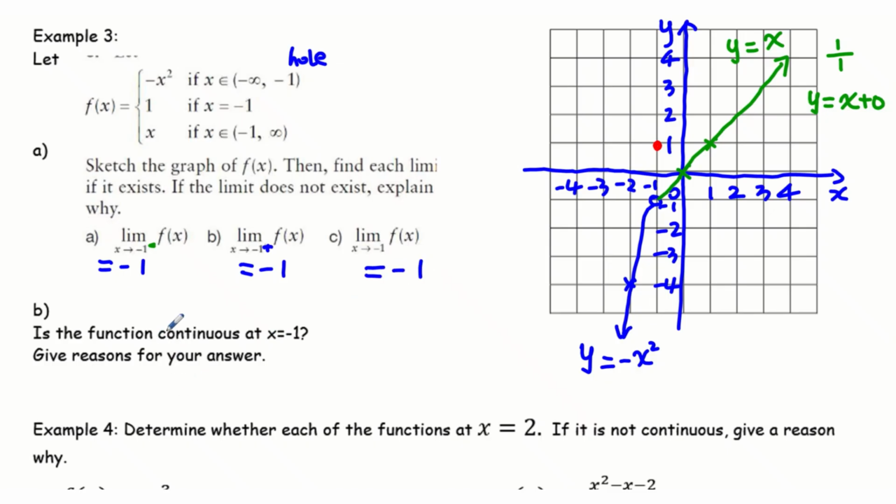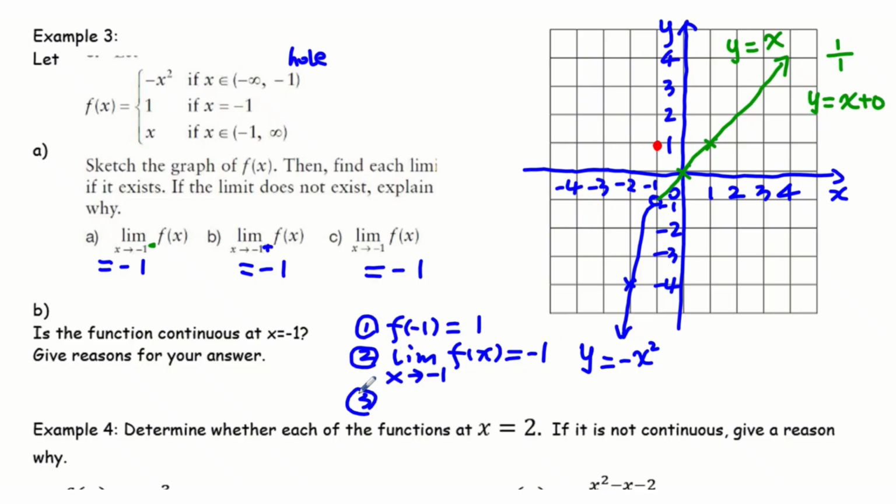And the next question is asking you if the function is continuous at x equals -1 or not. We use our 3 steps. Step 1, f at -1 is defined and equals +1. And the second, the limit as x approaches -1 exists, equals -1.